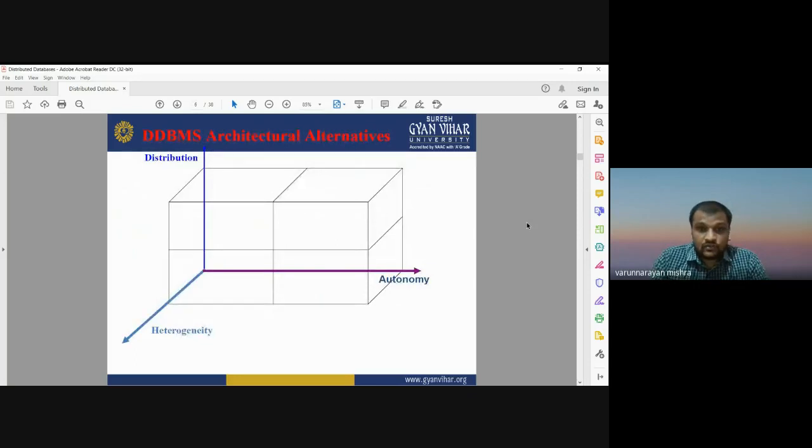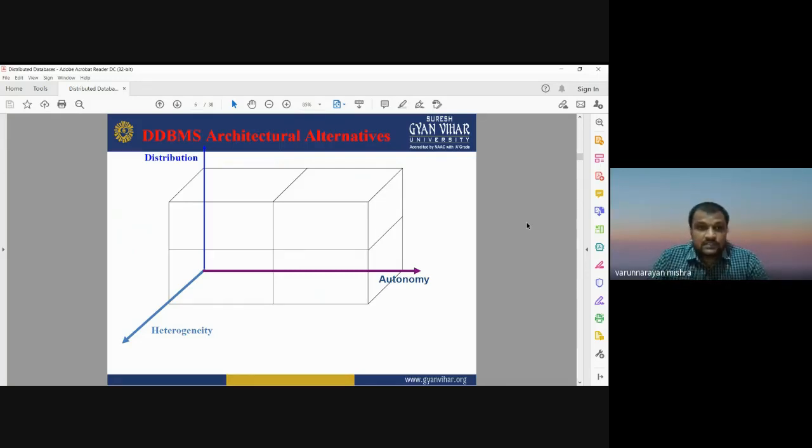So the architecture of a distributed database management system has three components: distribution, heterogeneity, and autonomy. When we talk about a distributed database management system, these three components should work together to make a good architecture.